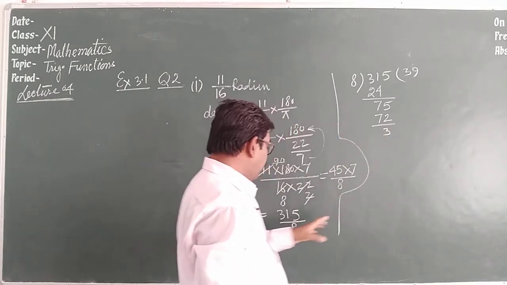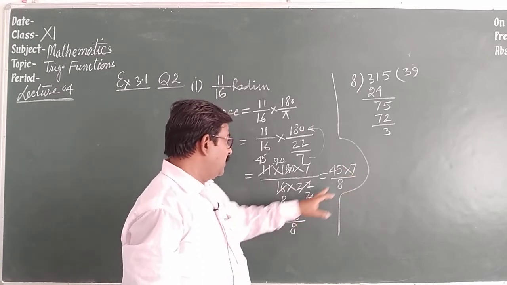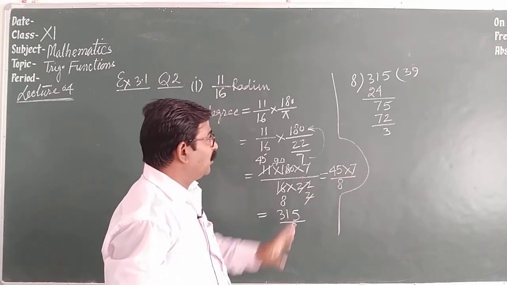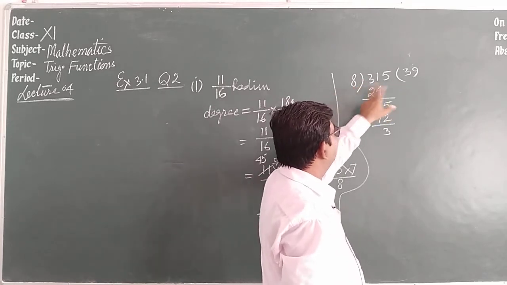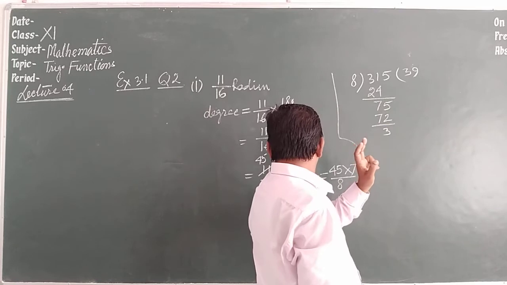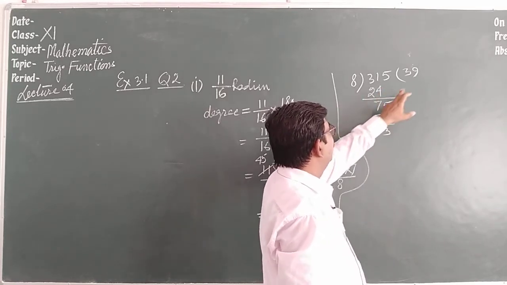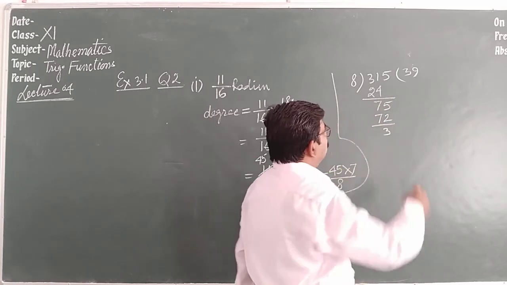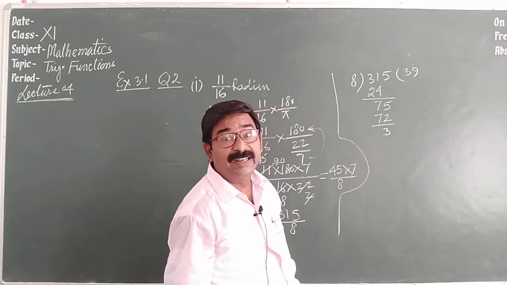Check it. First check the multiplication, it should not be wrong. 7 5s are 35. 7 4s are 28 and 3, 31. Dividing this, 8 3s are 24. Taking 7, 75. 8 9s are 72. So this remainder 3 is degree.